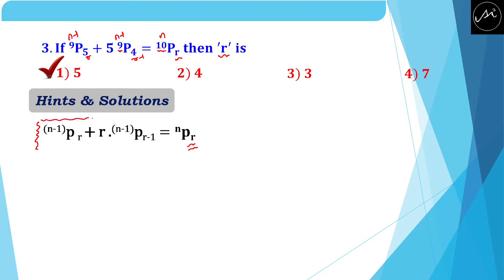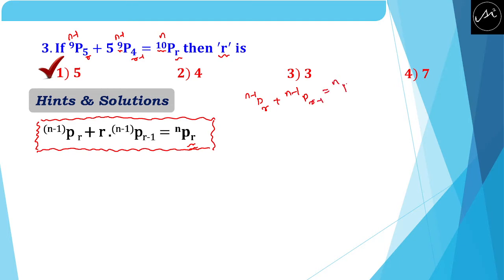So this particular formula is going to be very, very important, that is (n-1)Pr plus (n-1)P(r-1) equals nPr. So this is a very important formula.